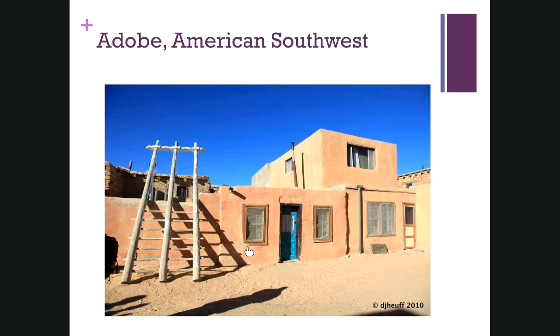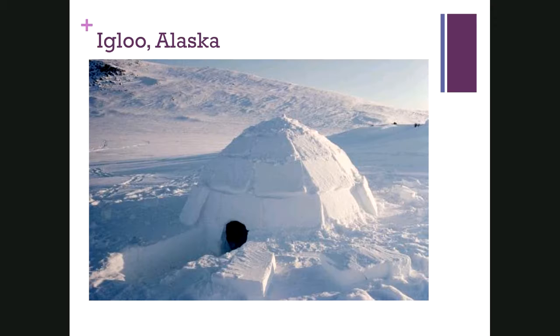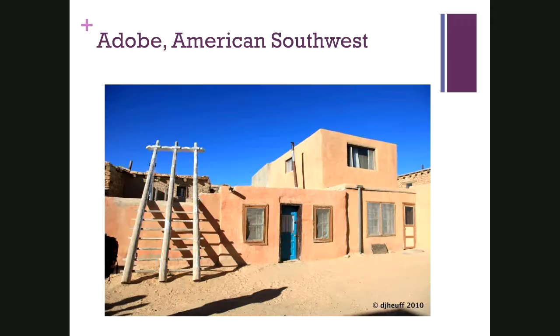The thick walls keep the hot sun out during the day, but it cools down quite a bit at night in the desert, and so the walls re-radiate heat back to the inside and keep the inside warmer at night. So these are both passive houses. The igloo is actually very warm on the inside. You wouldn't think so with it being made out of snow, but it's nice and toasty inside. And this one keeps you cool during the day and a little bit warmer at night when it cools down.